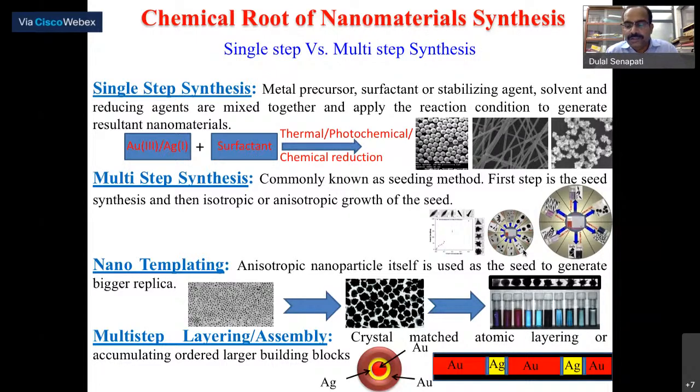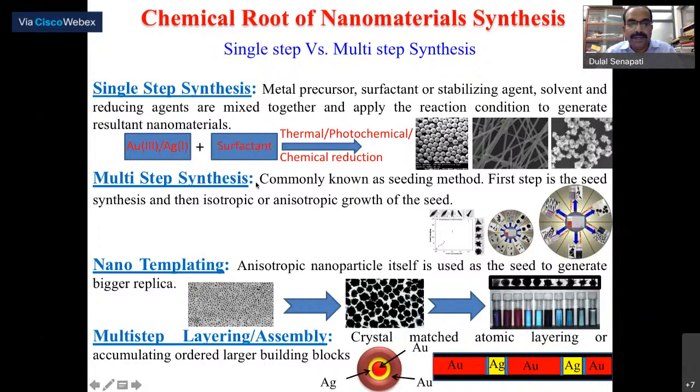By adopting all these conditions, we mix all these chemicals together in a single step, and we can synthesize a nanomaterial. Initially we used to think that by a one step method we can only synthesize spherical particles. But now we found that not only spherical particles, but also other shapes, like flower shape or rod shape particles, can be generated in a single step synthesis.